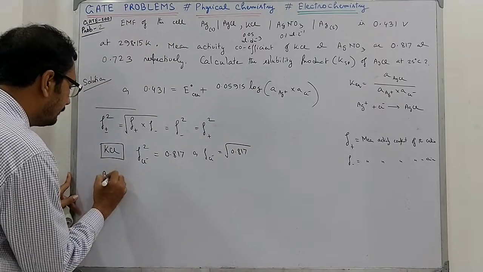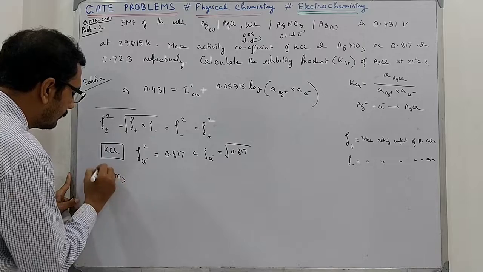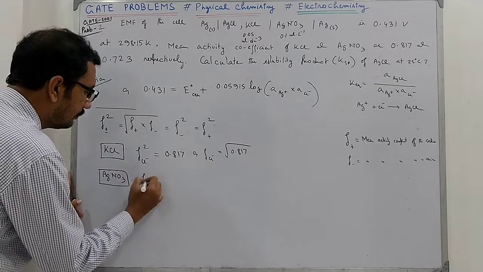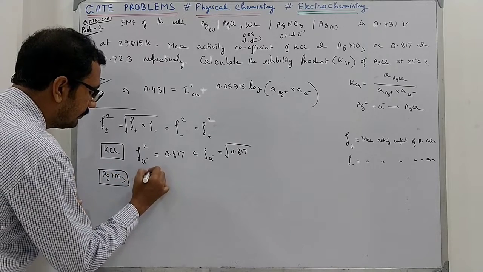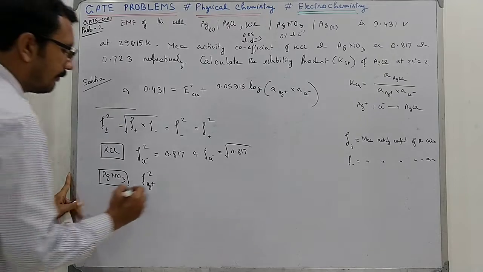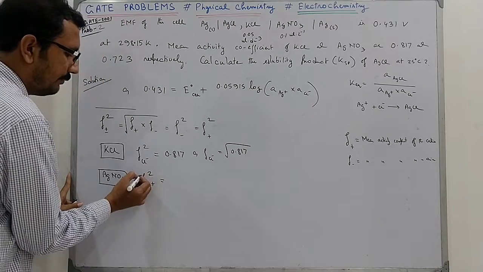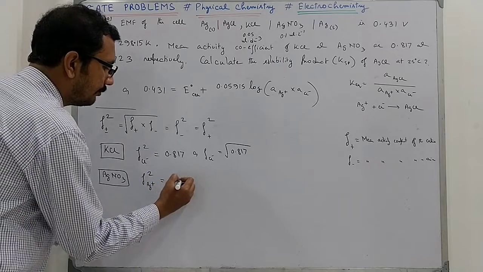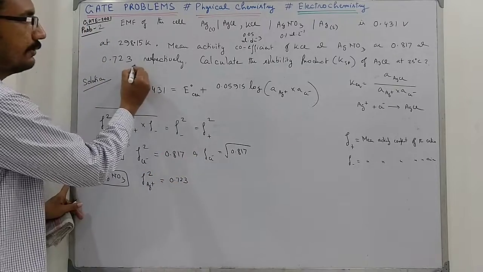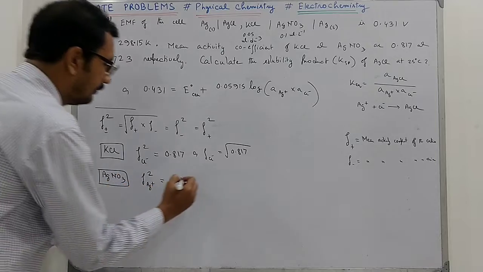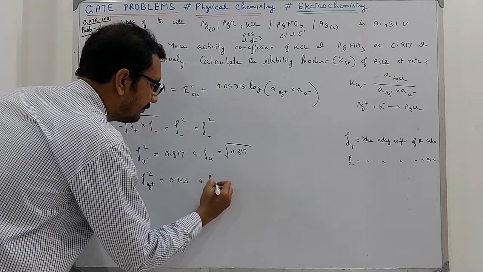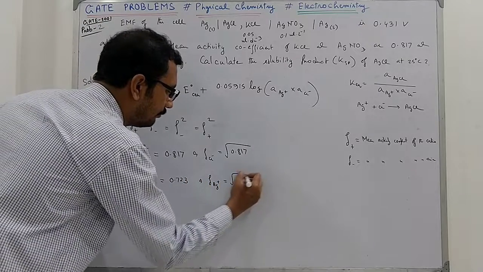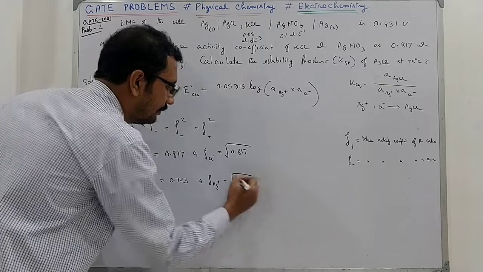Now for AgNO3, we can write it as f Ag plus square, that is the mean activity coefficient of the cation squared, and it is given as 0.723. See, this is 0.723 for AgNO3. So f Ag plus will be root over 0.723.